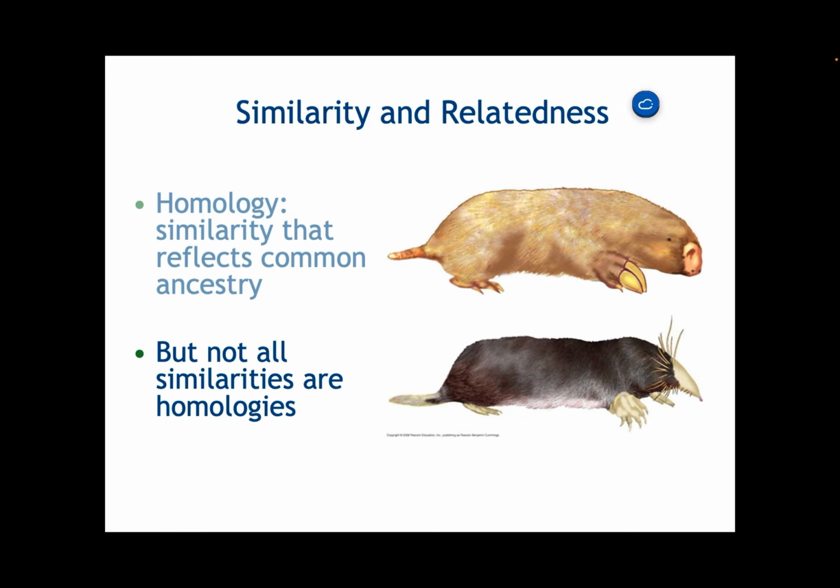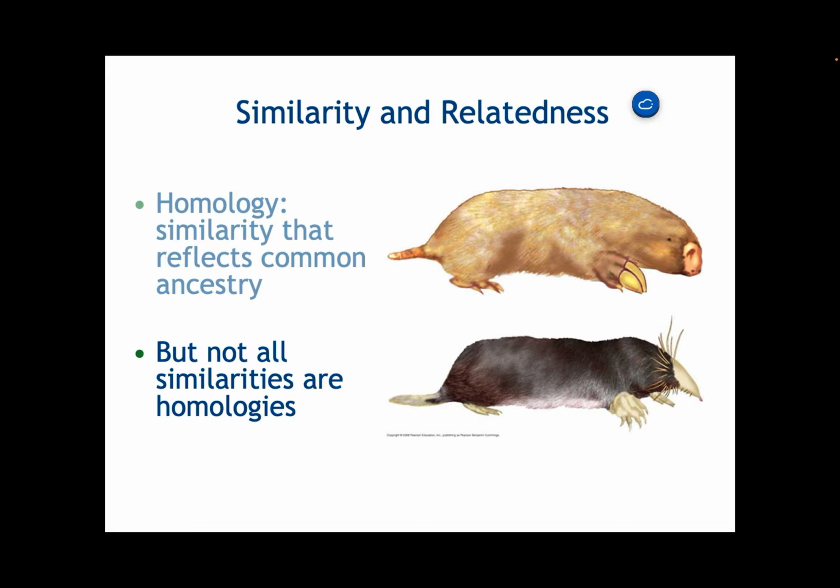However, you're already starting to become familiar with the idea that sometimes two or more taxa can have similarities that don't reflect homology. And we talked about this, for example, in the case of convergent evolution between marsupial mammals, like this marsupial mole, and placental mammals, like the placental mole, back in the Life on Earth lecture. So these things are extremely distantly related to each other.